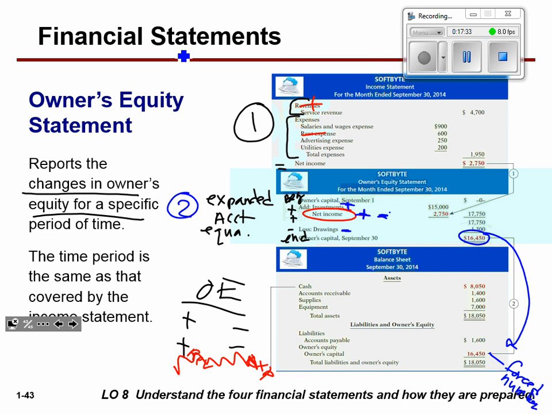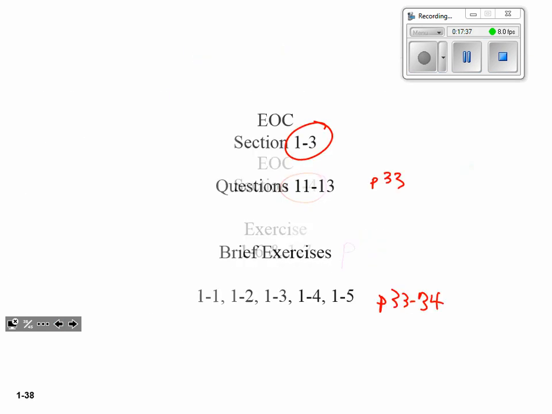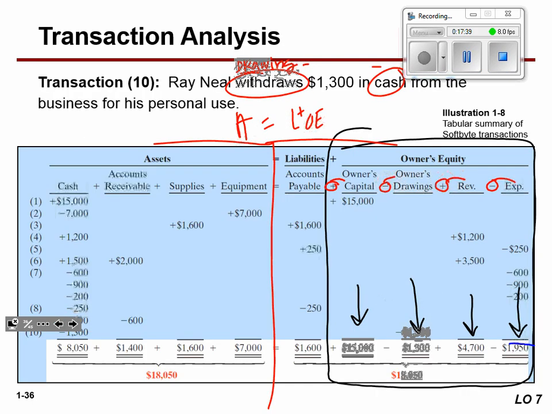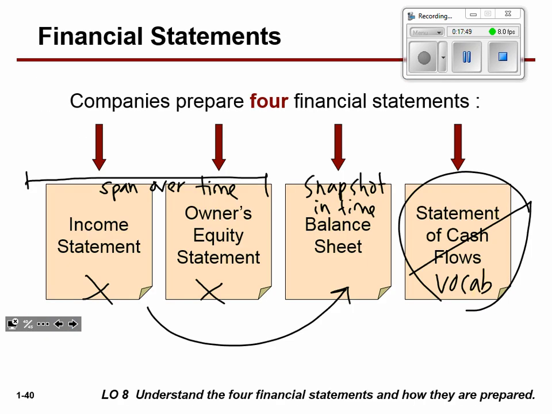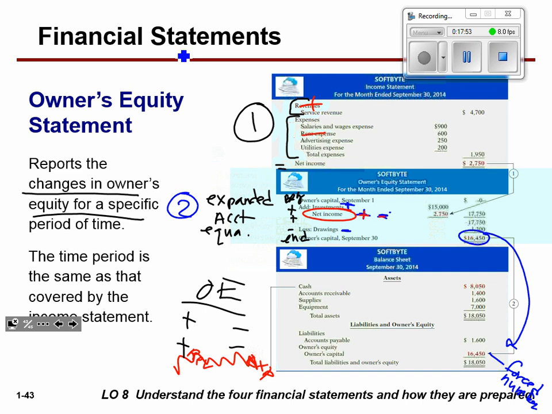Let me backtrack again. These 4 numbers, the pluses and the minuses, are used to build right here. Here was one of the pluses.